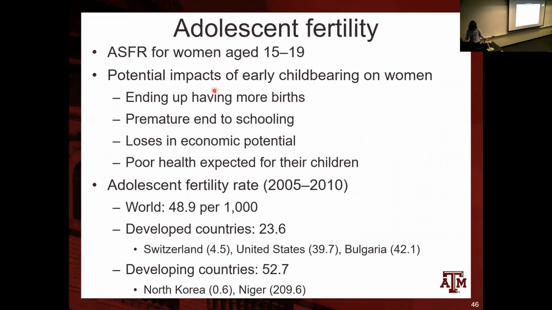They might drop out from school, even from high school. And by dropping out from school and having more babies, they will have less economic potential to get better jobs in the future.